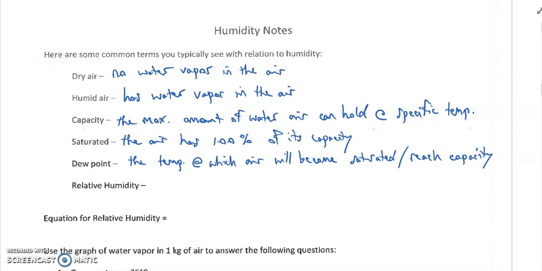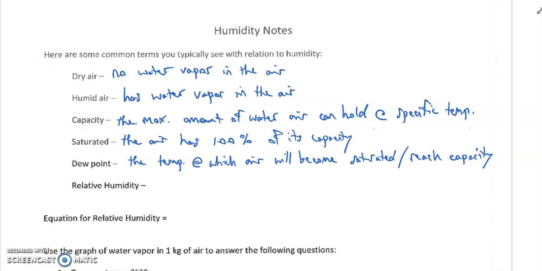Typically you do this by dissolving a lot of water in air, but less than the max, and then you cool that air down. So the amount of dissolved water stays the same, but the relative amount of water that the air can hold decreases, and eventually you reach a temperature where you've reached the max amount.